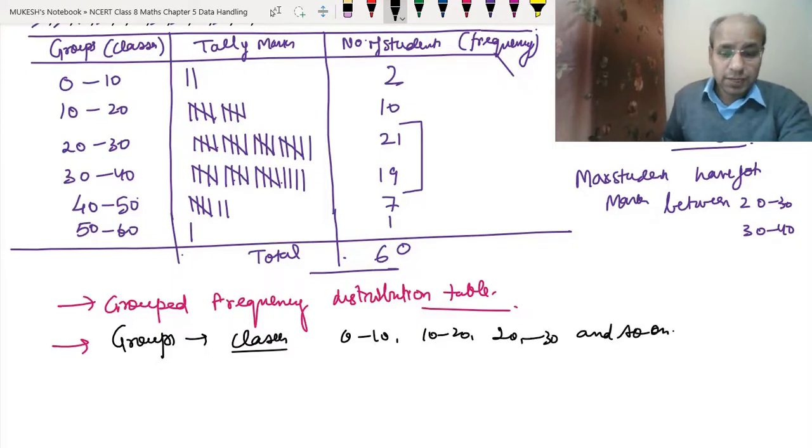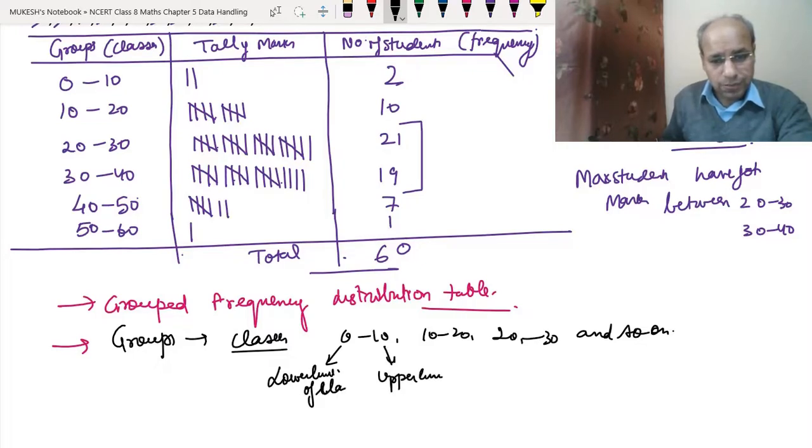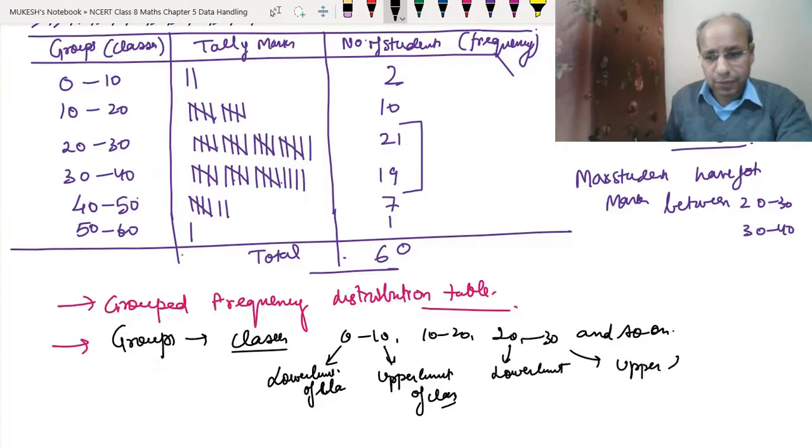Now each class has a lower limit and an upper limit. So 0 is the lower limit of the class, and 10 is the upper limit of the class. Same way for every class. Clear?